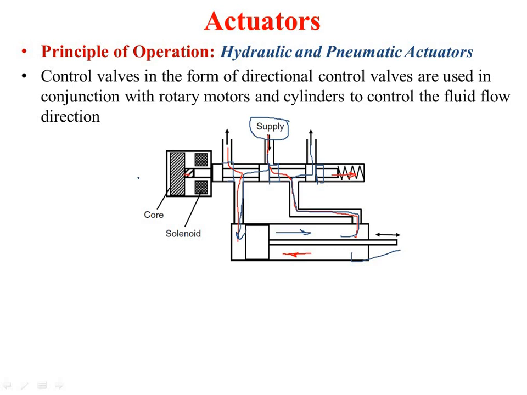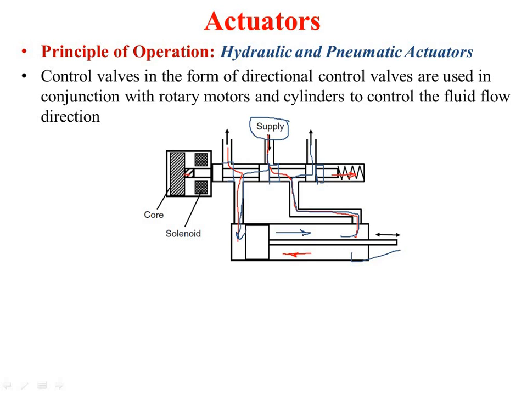So whenever we are considering the hydraulic or pneumatic actuator, it has certain parts, which we will study in the next slide. In this supply of the fluid, there are two valves, so two exits are there and one supply is there. So you can see that it will move in this direction.